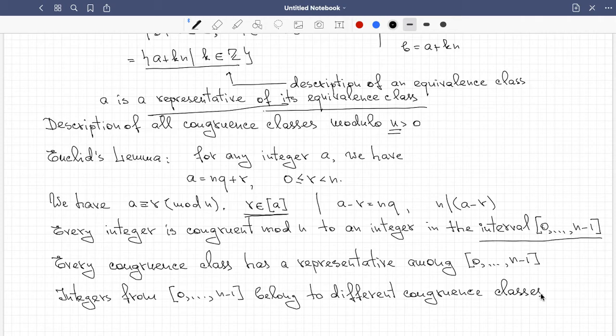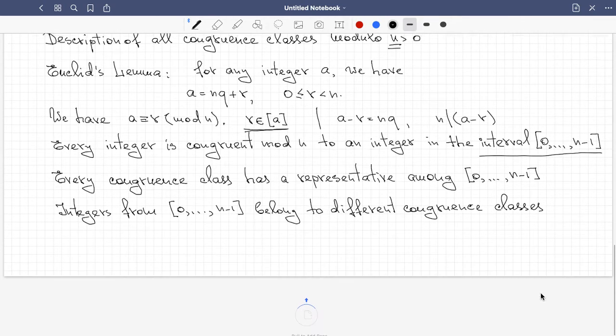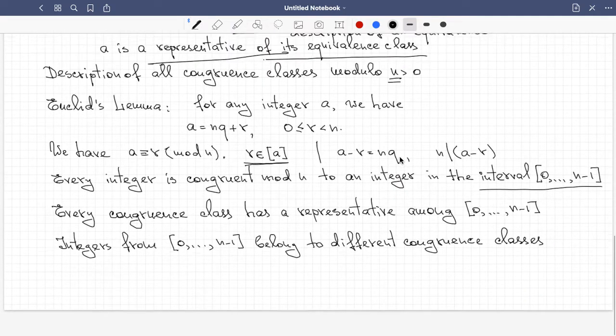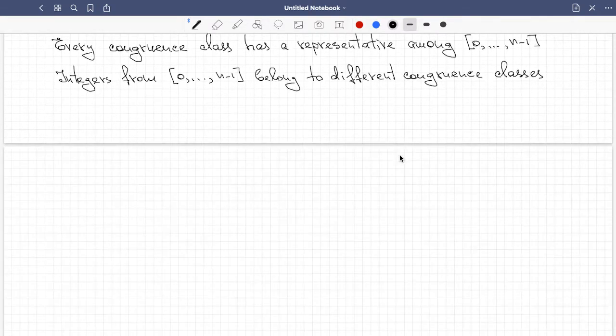That is because all these integers are between 0 and n minus 1, so two of them cannot be congruent modulo n. Their difference cannot be divisible by n simply because it is smaller than n.